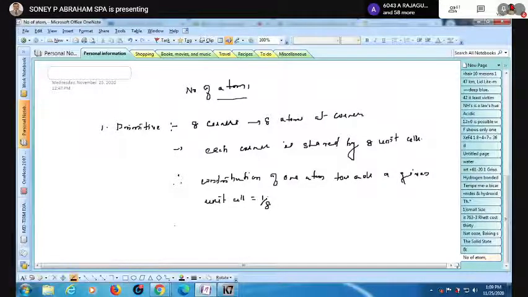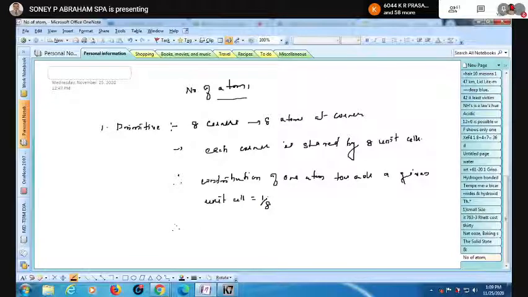And you have 8 such corners, so in a unit cell how many atoms will be there? 1. It is equal to 8 corners, and each corner will contribute 1 by 8, so it will be equal to 1. So the number of atoms present in a primitive unit cell is equal to 1.